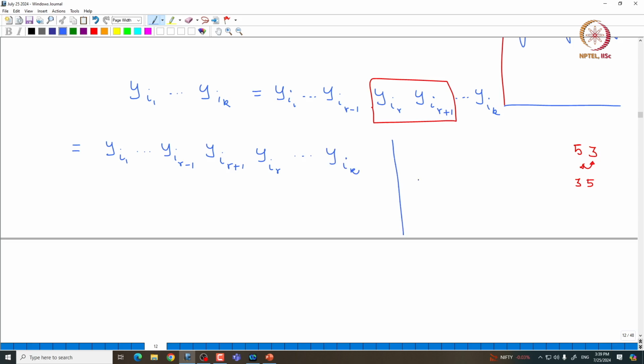Now, yir yi(r+1) is exactly equal to yi(r+1) yir plus lower degree terms.